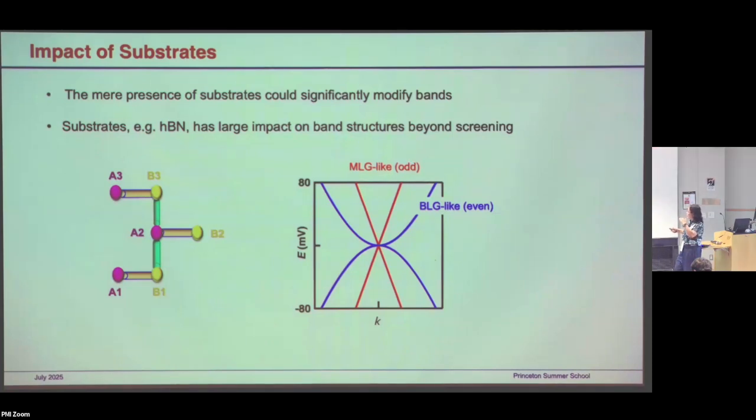This one has odd symmetry in terms of mirror reflection, and this one has even symmetry. If you only include the so-called SWMC parameters, only the nearest neighbor hopping, the interlayer and intralayer hopping, gamma 0 and gamma 1, this is the band structure you get.